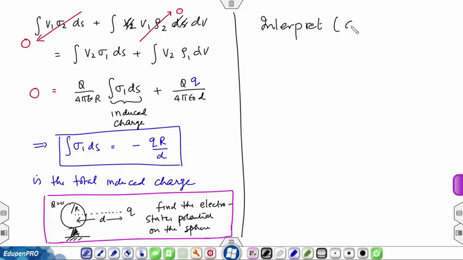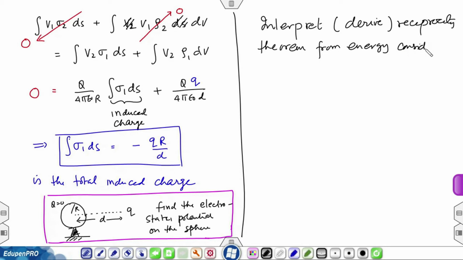Now, let us interpret, or rather derive, reciprocity theorem from energy considerations. So, you see, I derived it using mathematical identities, interpreted this in terms of charges. Now, we will do energy considerations.